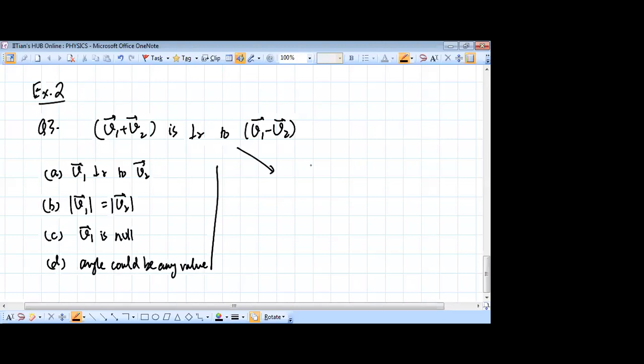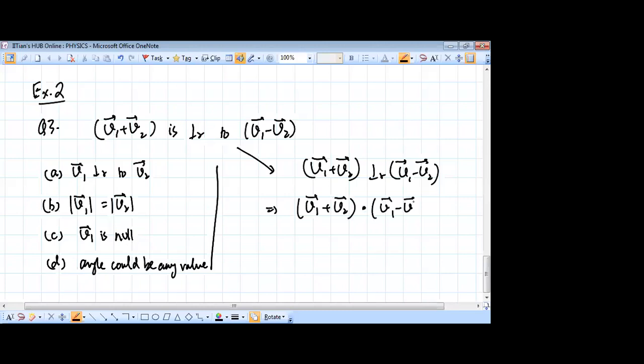So let's understand what this means. V1 plus V2 is perpendicular to V1 minus V2. One way to interpret this is that their dot product should be 0. So this will indicate that V1 square minus V2 square will be 0 when you open the dot product.